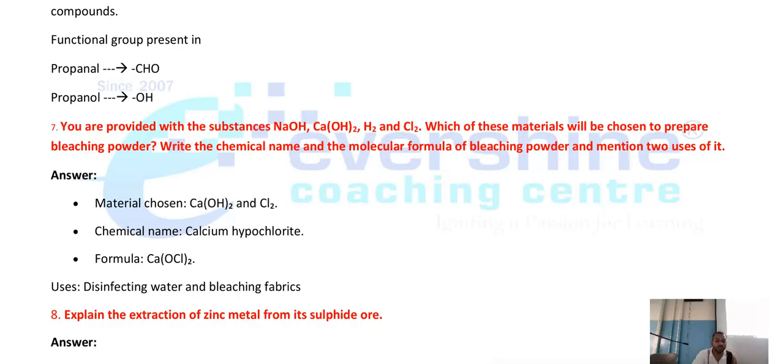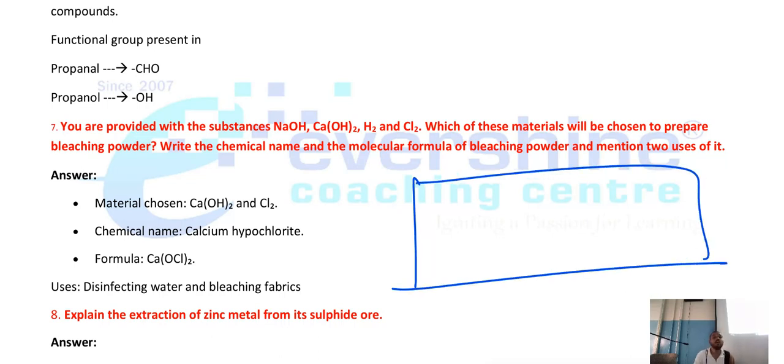For this, I'll give one small piece of advice. Please make sure that you create one table today itself. Write the names of all the family of salts, such as washing soda, baking soda, bleaching powder, plaster of Paris, and gypsum.